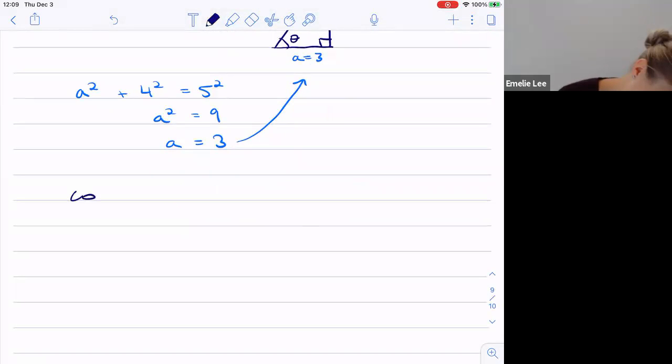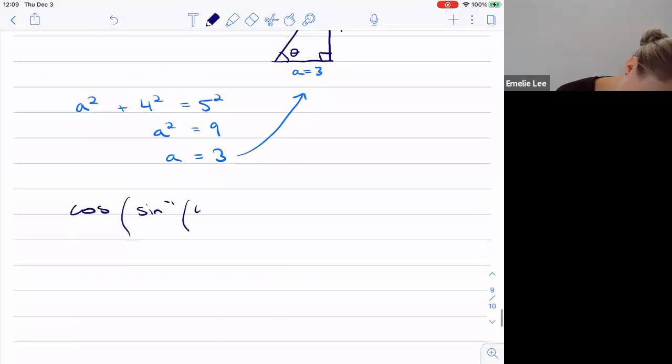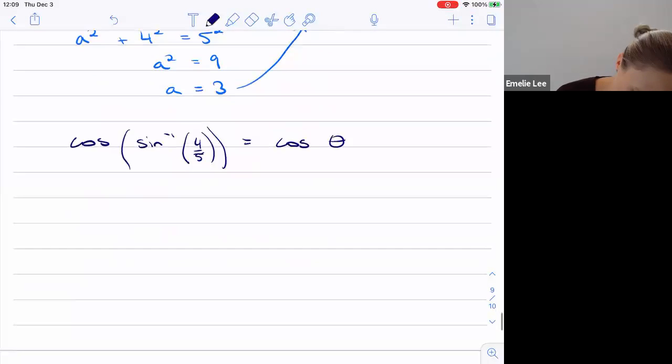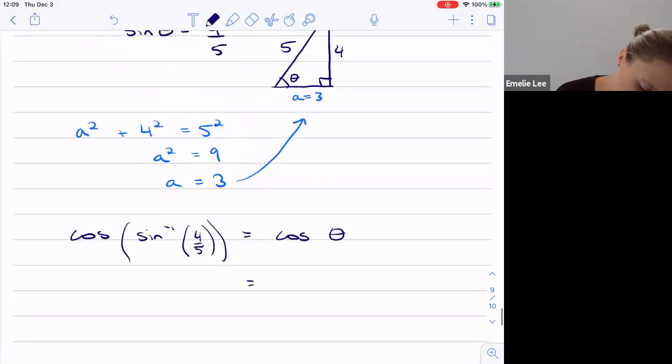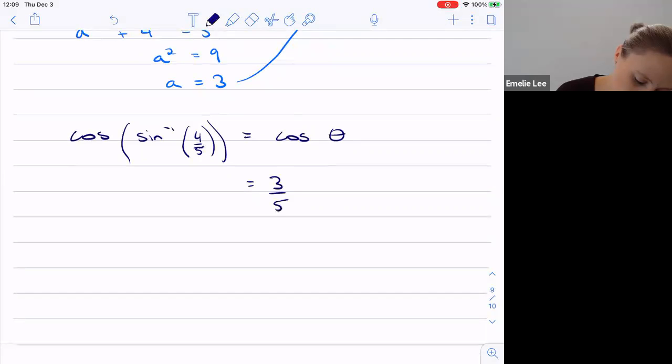So cos of the sine inverse of 4 over 5 is essentially the cos of theta, right? Because we swapped this out for theta. So now the cos of theta is the adjacent over the hypotenuse, 3 over 5.